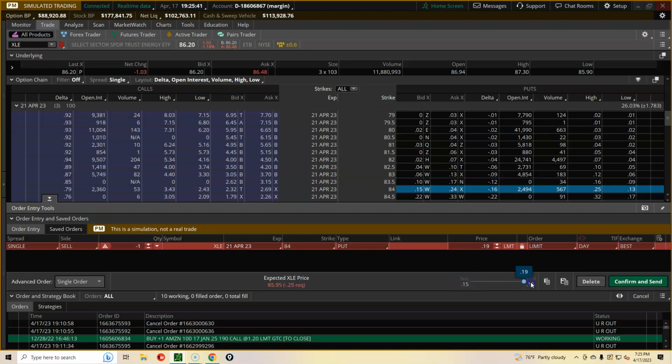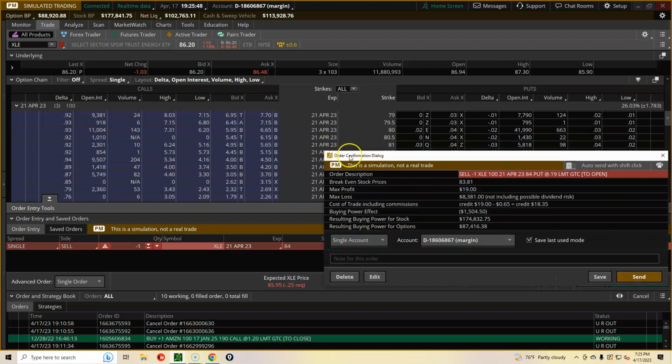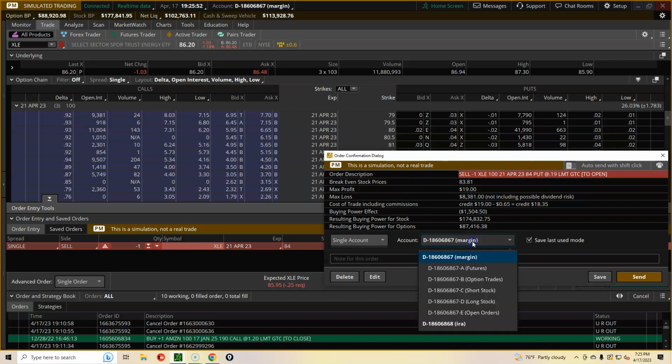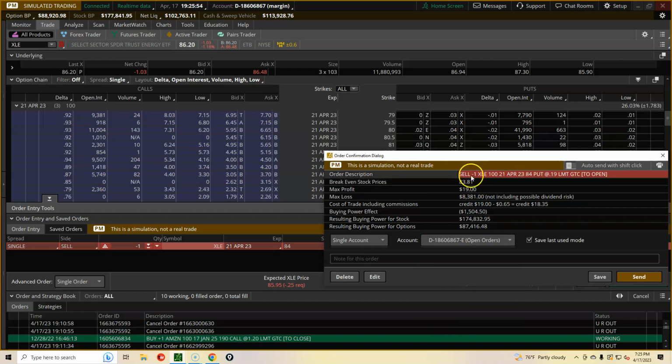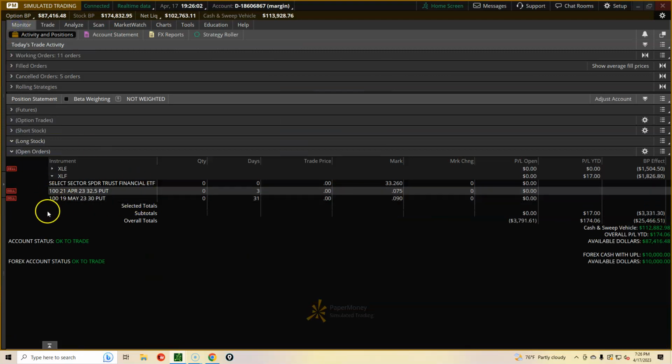We might be able to get that. Let's try for that. And good till cancel. This order confirmation dialog is basically telling us what we're doing. And go over here, it shows you the risk, buying power effect, all these different things. We'll just send it in there. But those are things you need to know. Obviously, I'm not explaining those on this video right at the moment.